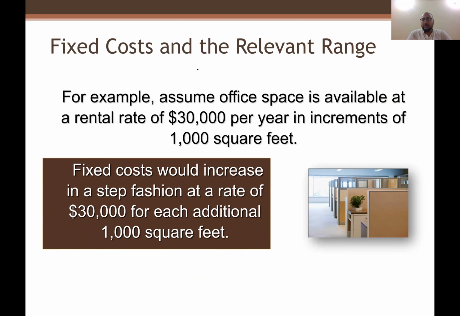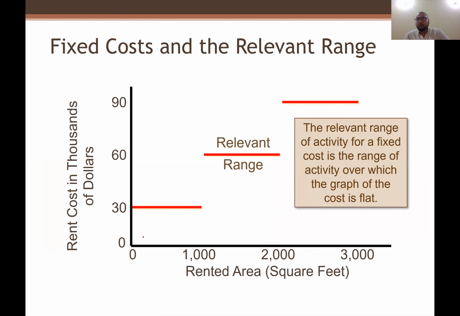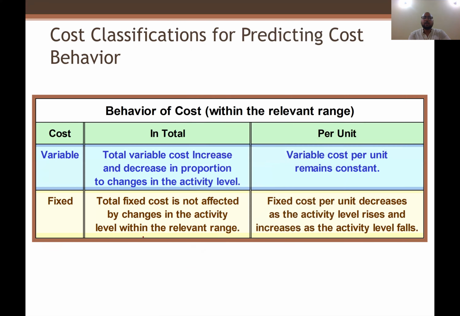So fixed cost would increase in a step fashion at a rate of 30,000 for each additional 1,000 square feet. If you want to rent 1,200 square feet, you cannot rent. Why? Because every addition is going to be for 1,000 square feet. So if we apply this kind of stuff, we find out the relevant ranges. Here we go, right? Simple stuff.